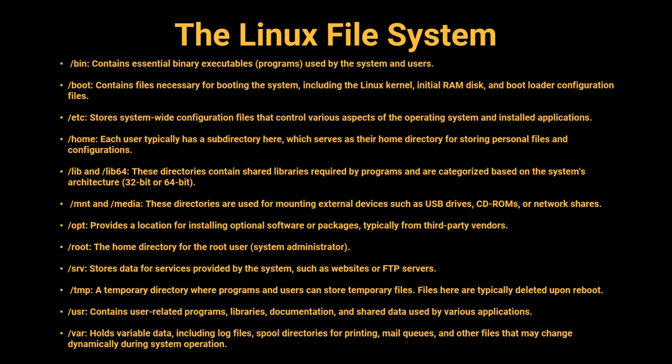Your home folder, that would basically be like your user folder. Your shared libraries for 32 or 64-bit. Then you have your mount and your media drives, optional software packages. The home directory is root. The data services or the services folder is the SRV, and then the tmp is a temporary folder.